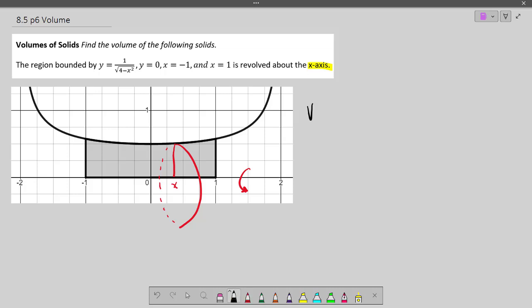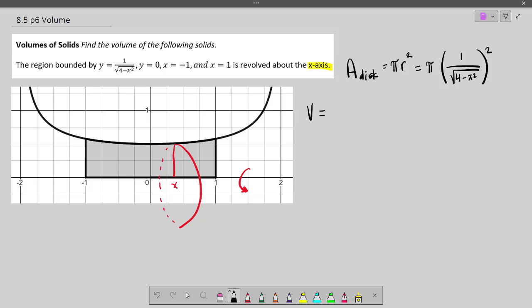So the volume, well, let's do the area first. Area of a disk is pi times the radius squared. So it's going to be pi times the radius, which is given by the function. So we're going to take that function, 1 over the square root of 4 minus x squared, and then square it. So that is going to be the area of the disk at x.